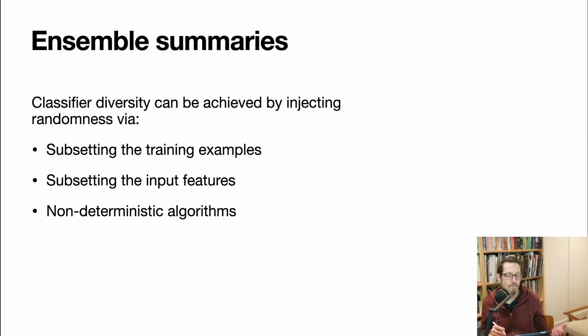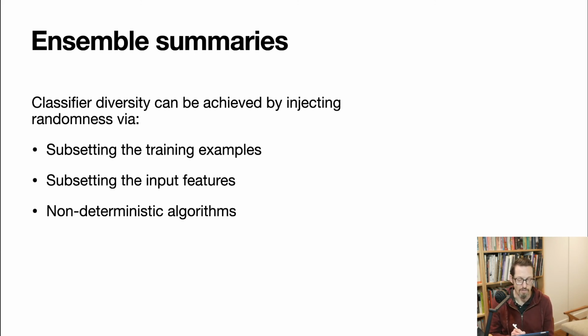Okay, how do we get diverse classifiers, right? Accurate, well, we've got to have something that can be trained. It's got to be a little trainable. It's got to be able to recognize some of the pattern. I'm not going to go into that. But classifier diversity can be achieved by injecting randomness, okay?